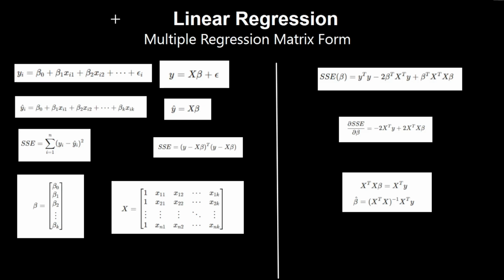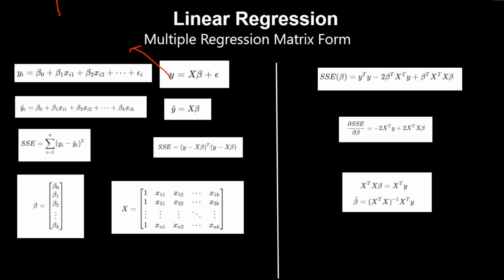The same equation can be represented in this matrix form. Here we have y equal to X beta plus epsilon, where epsilon is the error vector. So this is a matrix equation. Here y is nothing but the output variable values. The output will only be a single value per row, but we have it for the entire data.